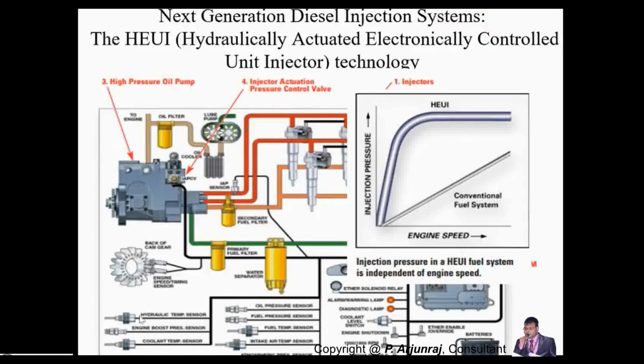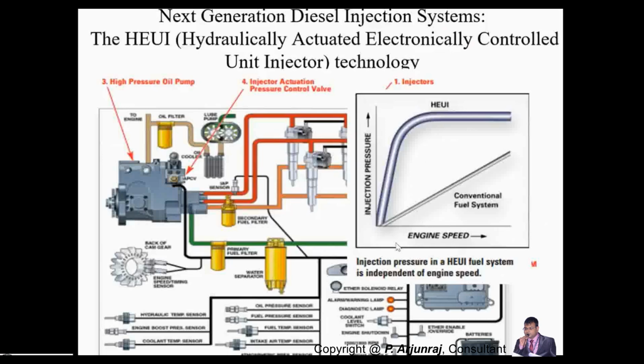The system remains same, and there is no difference. But here we are also using hydraulically actuated mechanism. So the system remains same. The configuration remains same, where you have the filter, pump, injection controller, everything remains same. But the only advantage what you have here is you have the hydraulically operated system, where you get the high injection pressure.